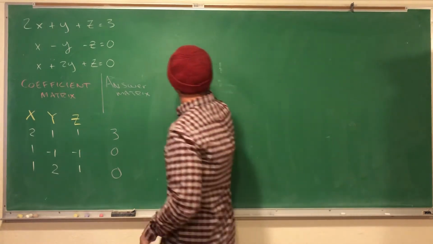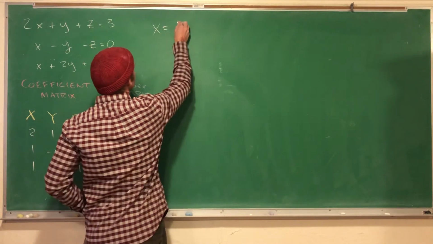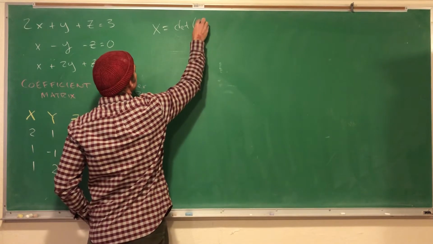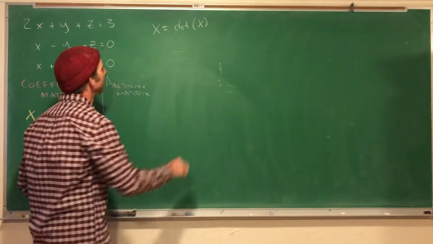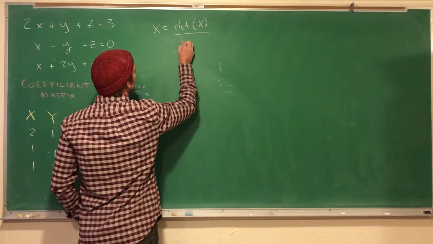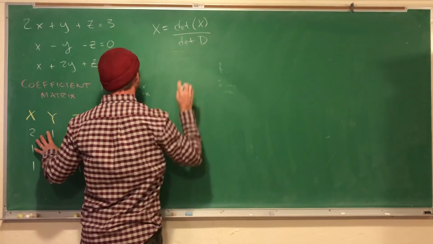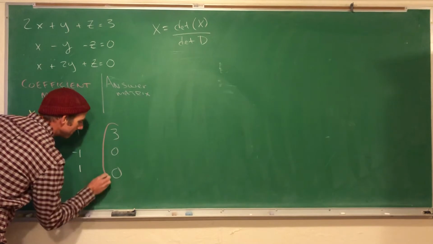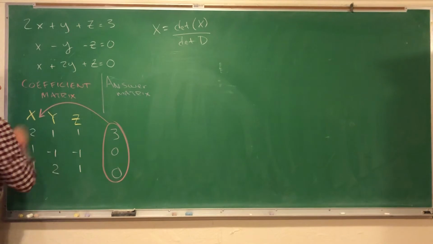So x is going to be the determinant, and we're just going to call it x, okay? And you're going to see y in a minute. And that is going to be divided by the determinant of just this matrix, D. Okay? We'll call this matrix D for whatever, okay? So we're going to take this guy here, we're going to substitute it for x right there.